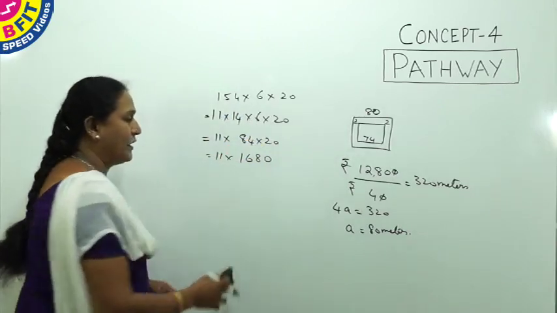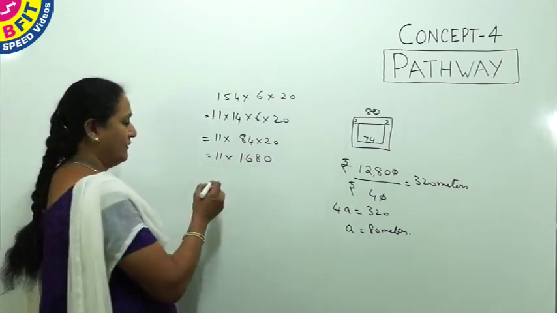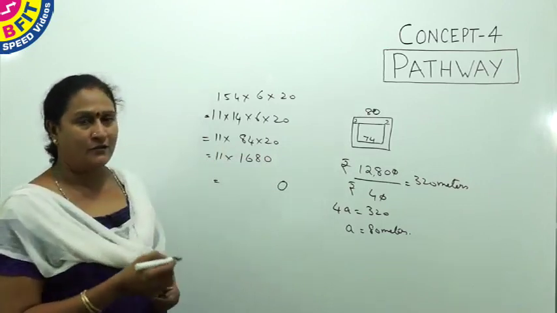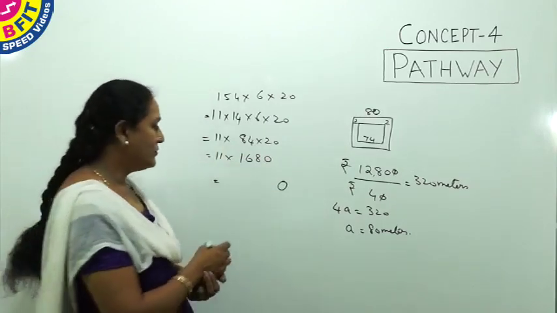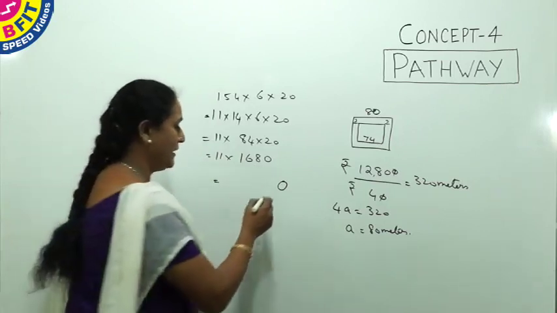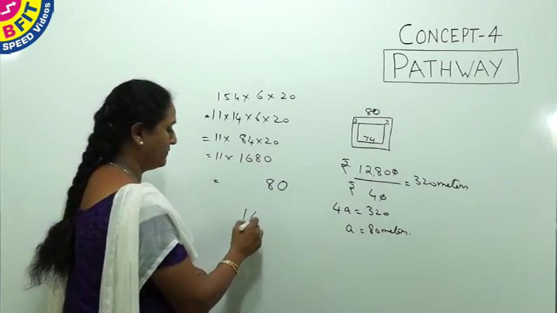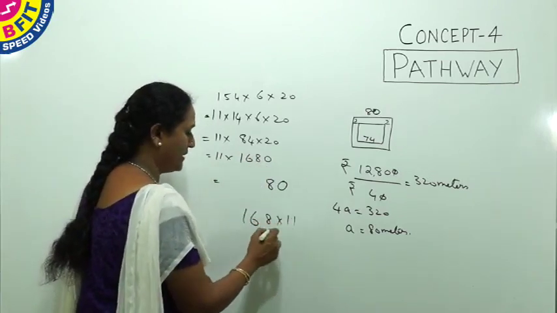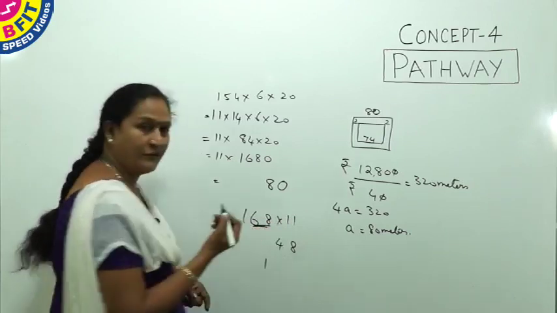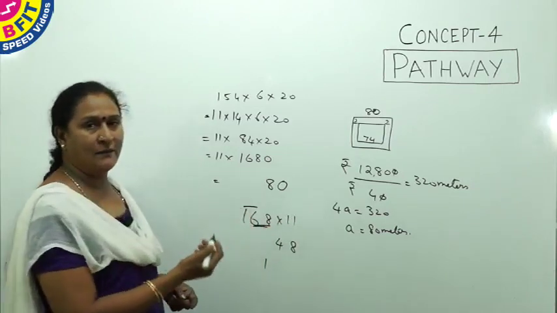Now what is the product of this 1680 with 11, and how to multiply a number with 11? As this is 0, write the 0. To find the product, we have seen this in speed math. So using the speed math technique, write this 8 and now add the 6 and 8. So write this 8. Add the 6 and 8, it is 14, so we have 1 carried over. Add this 6, taking 2 at a time and adding the digits.